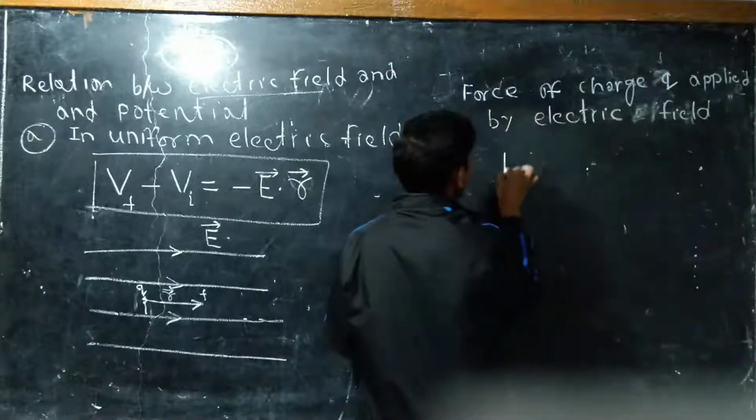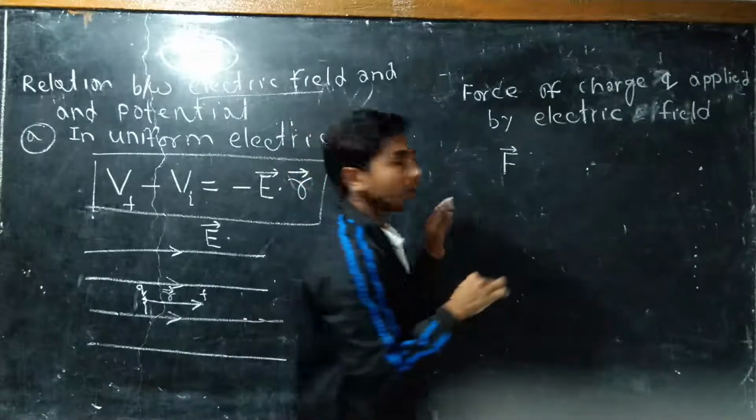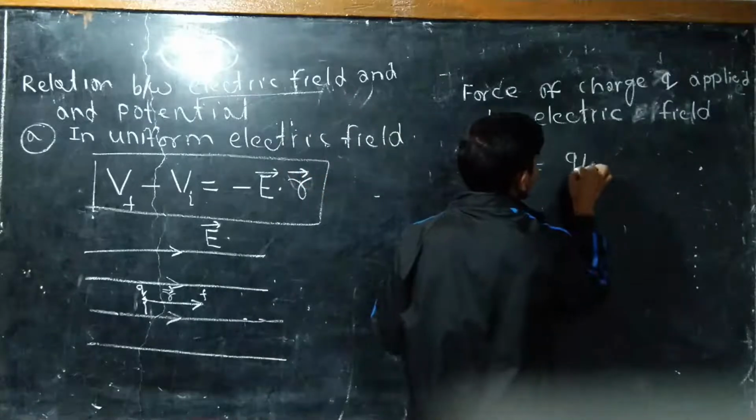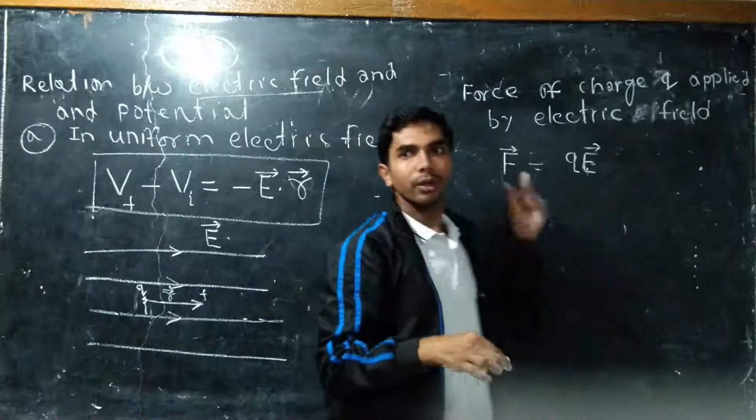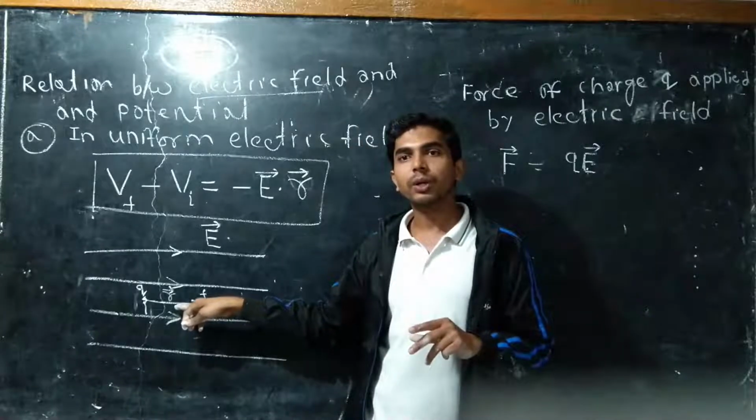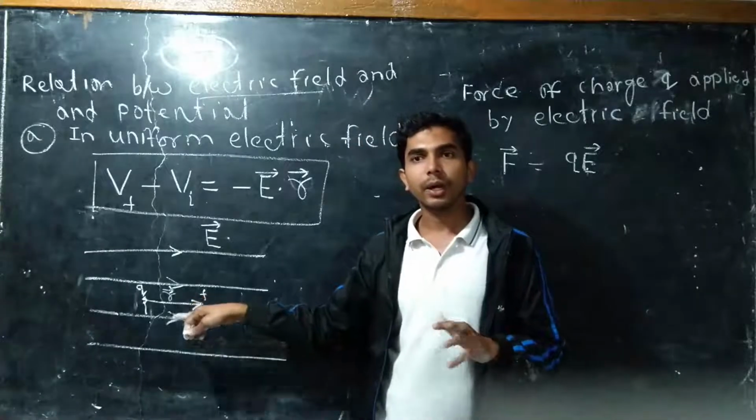Electric force is F, right? And this F is what? Q into E, right? Now force is known, r is known. You are able to calculate work done by the electric field, right?